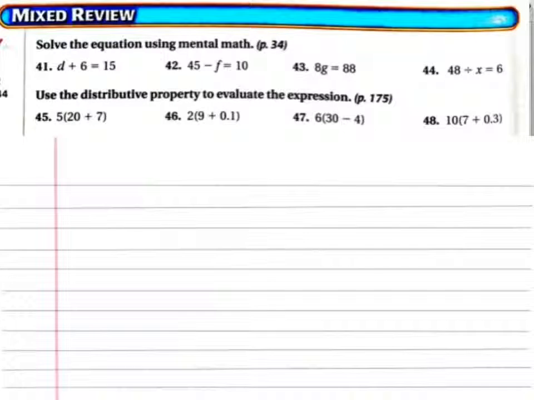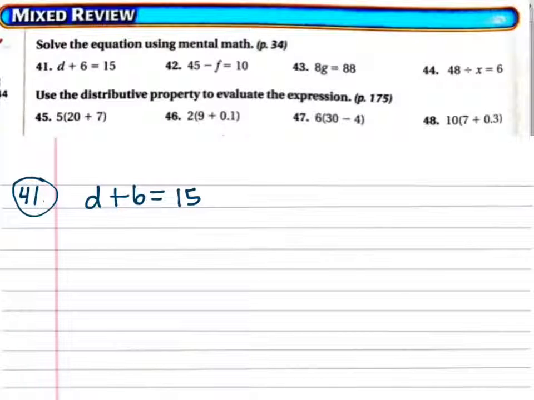Okay, the last section that I want to talk about is we're going to skip from 19 all the way over to problem number 41. And this is really easy. Number 41, it wants us to solve this. We have d plus 6 equals 15.